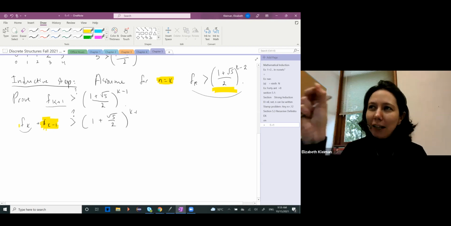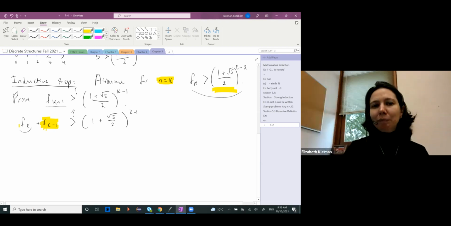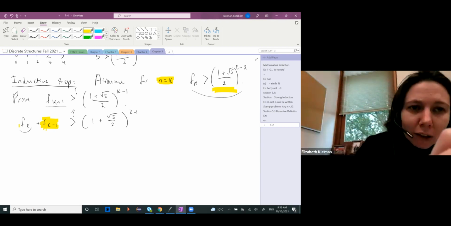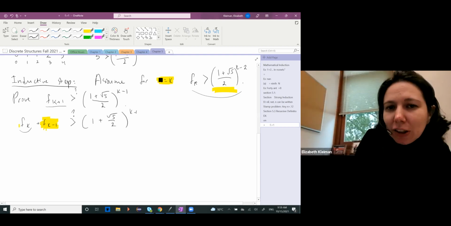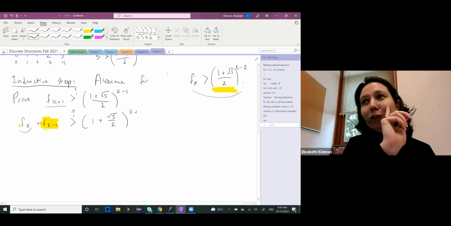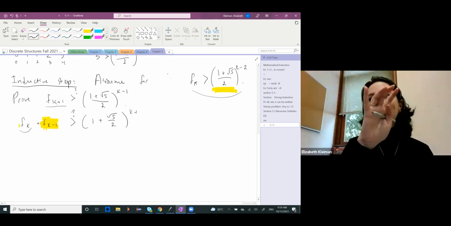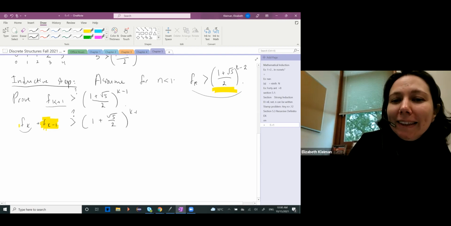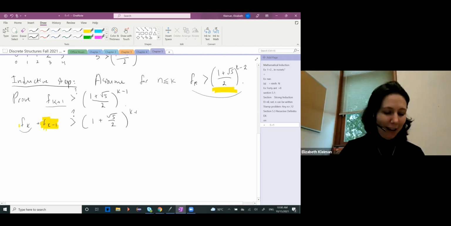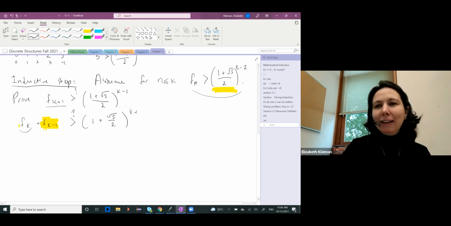It's supposed to scream strong induction at you. So what we should do is still the inductive step, but we are going to assume that for all n less than or equal to k, we get that.